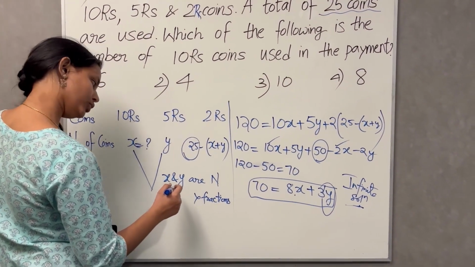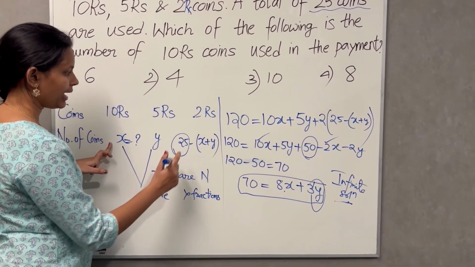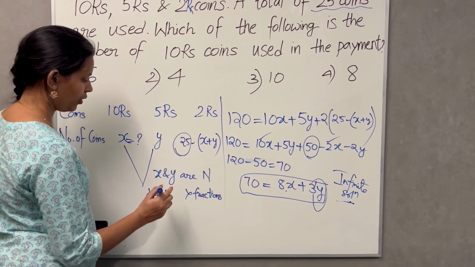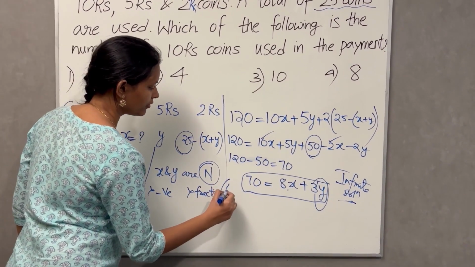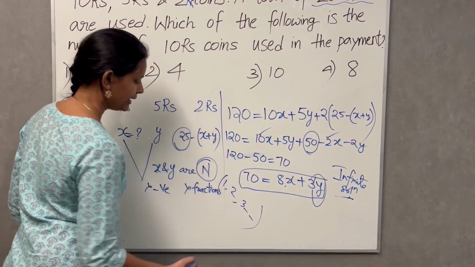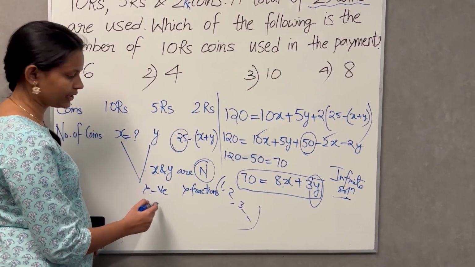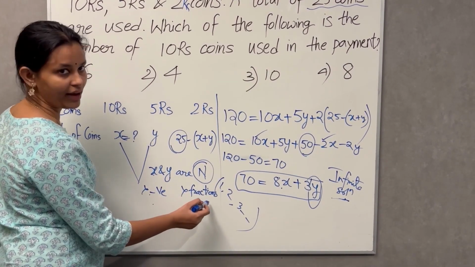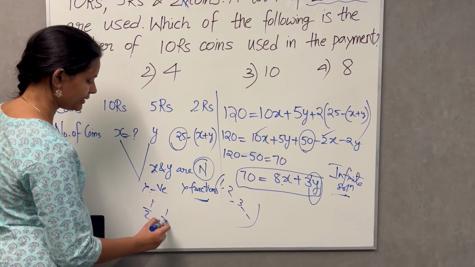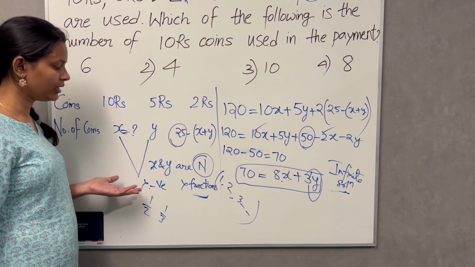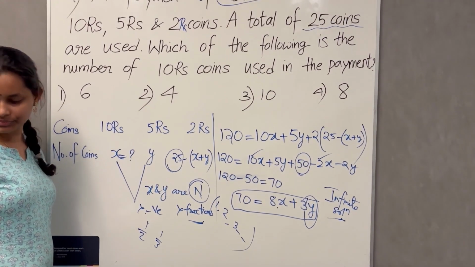Here is an important note: x and y are the numbers of coins, so they should be natural numbers starting from 1, 2, 3 and so on. They cannot be negative numbers, and x and y cannot be fractions either, like 1 by 2 or 1 by 3. You can simply apply the logic because these are numbers of coins. Coins cannot be fractional or negative.